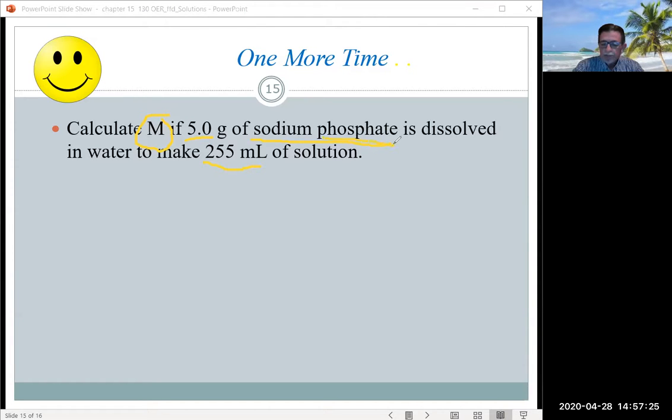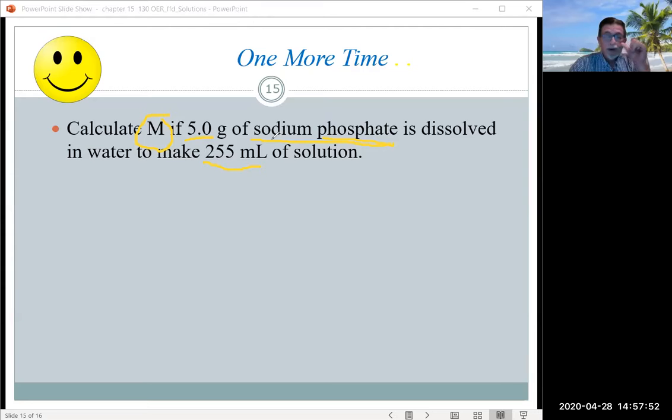Phosphate, if you recall in the polyatomic ion table, you will find phosphate there, and it has a formula of PO3 -3. Okay. Sodium ion, it is in group 1. So we know that when it becomes ionic, it will have a +1.